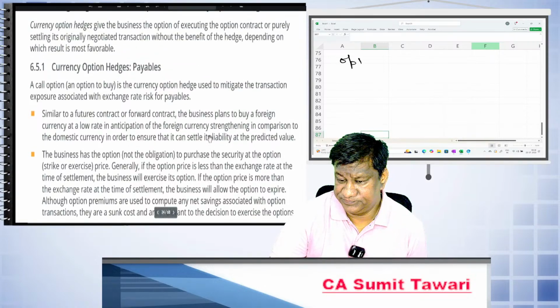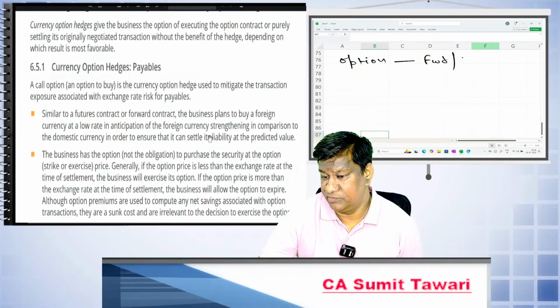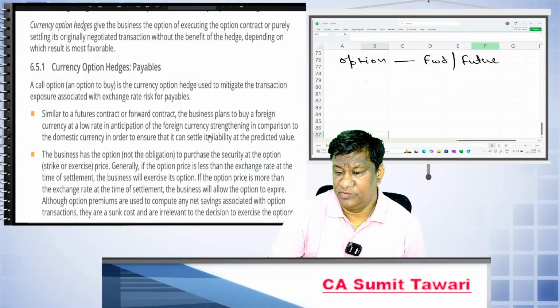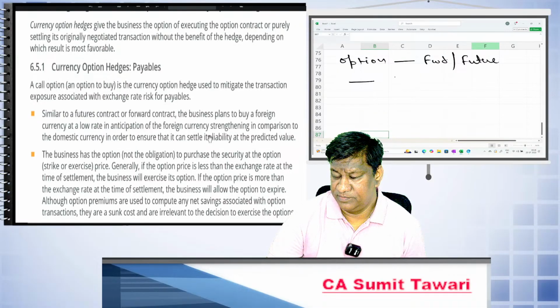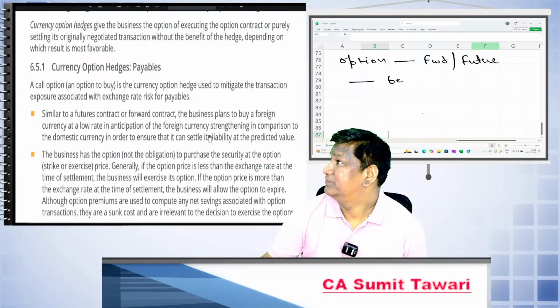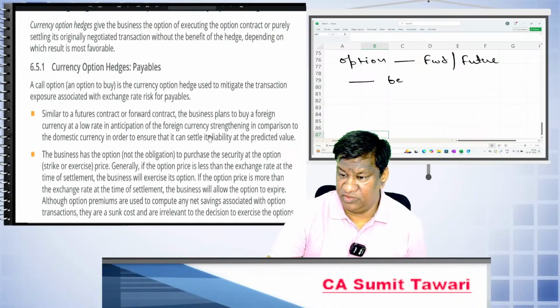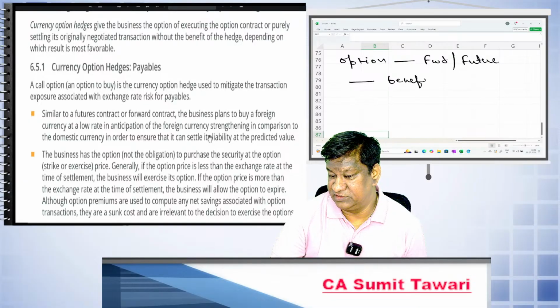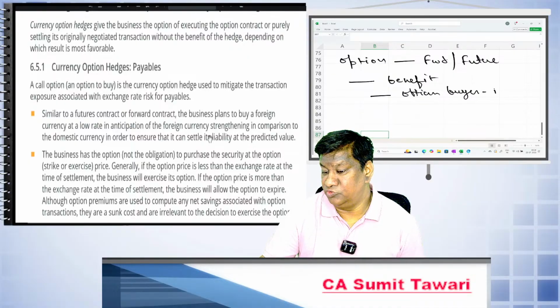Then option. An option is similar to forward and future. Okay, but in an option, the only major benefit is that the option buyer is not under obligation.